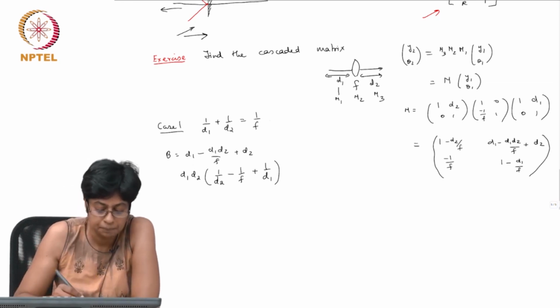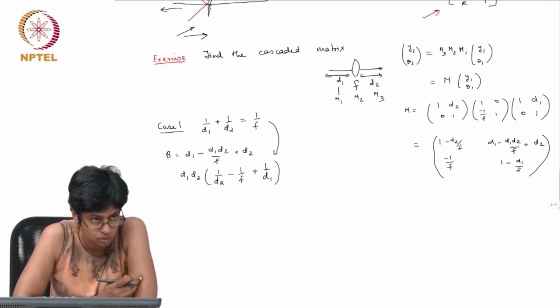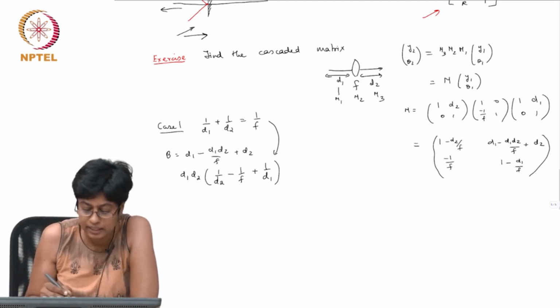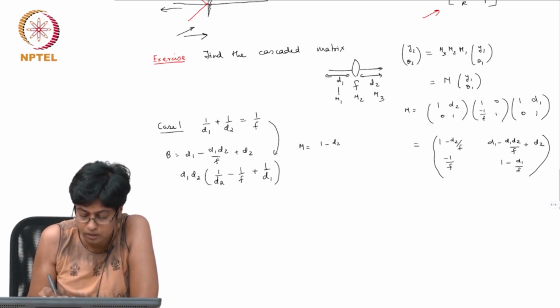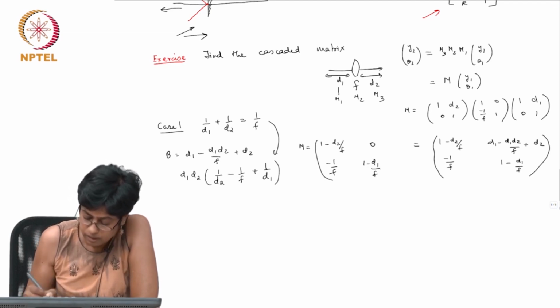Now, if I apply this condition, you can see that the term in the bracket is going to go to 0. So, for this particular case, the matrix M will reduce to [1 minus D2 by F, minus 1 by F; 0, 1 minus D1 by F].